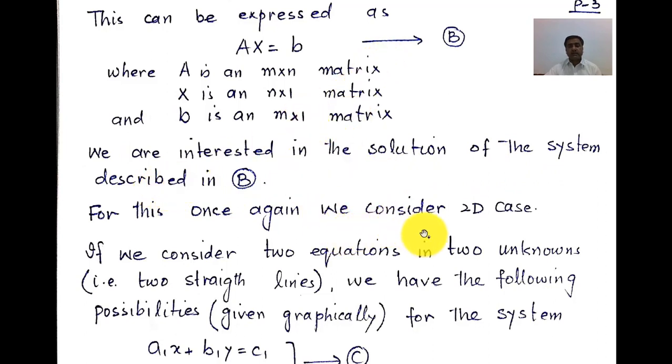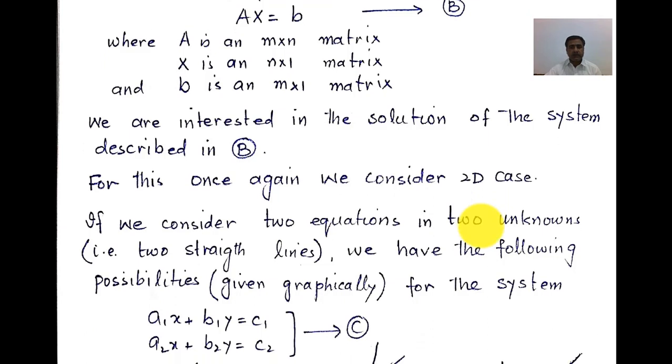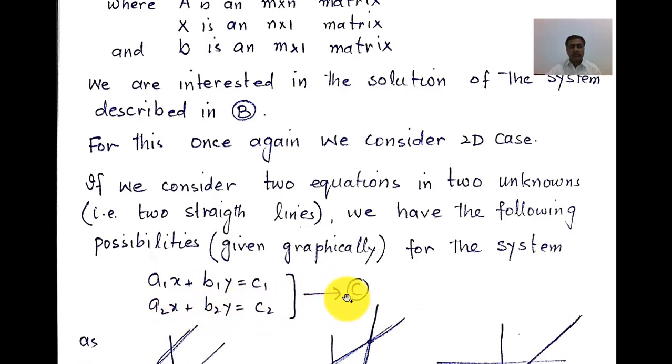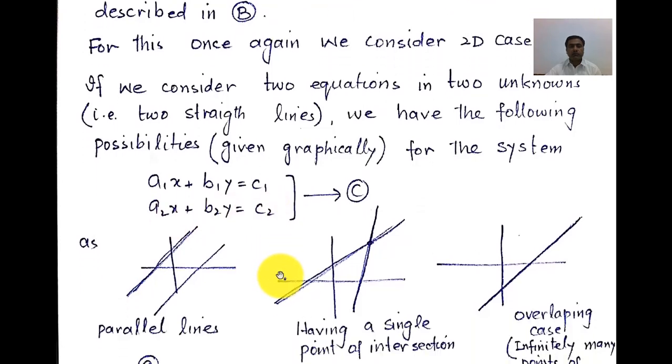For this, once again, we go back to a 2D case. If we consider a system in 2D, given by a1x plus b1y equals c1 and a2x plus b2y equals c2, then for appropriate choices of a1, b1, c1, a2, b2, c2, we have the following three possibilities.